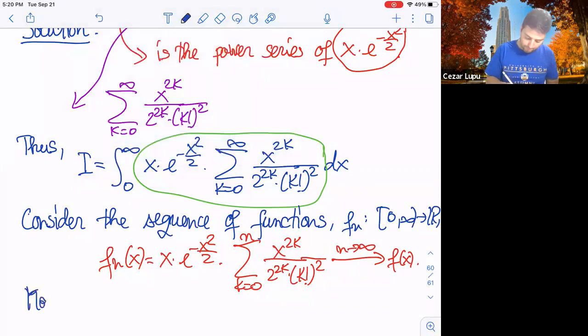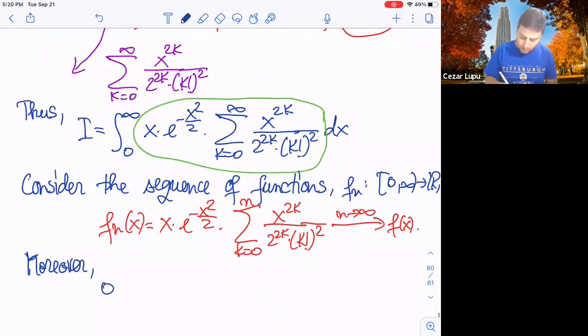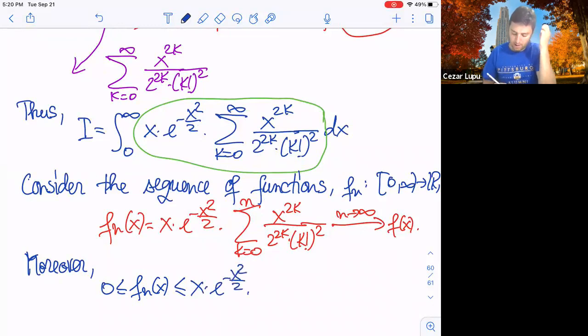So moreover, clearly this is non-negative. And let's see if we can find an upper bound for this one. So x times e to the negative x squared over 2 will stay the same. Okay, that's easy.